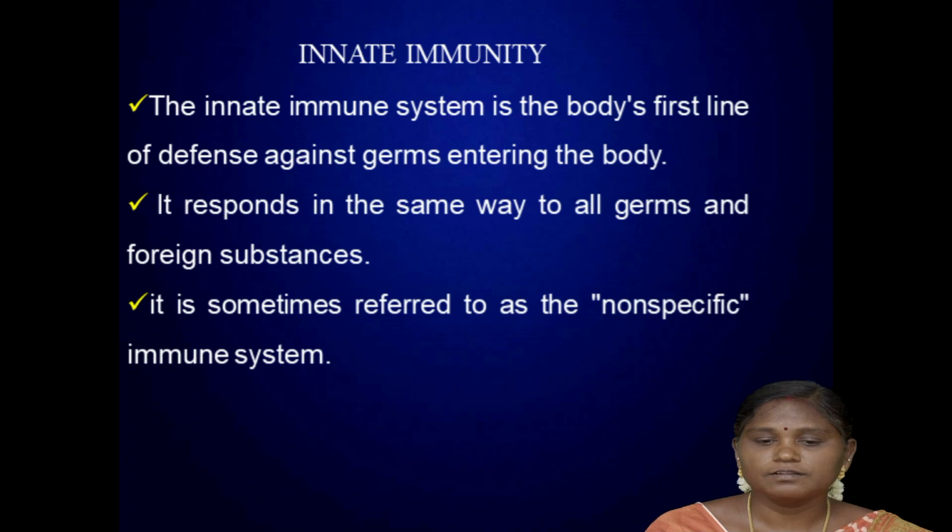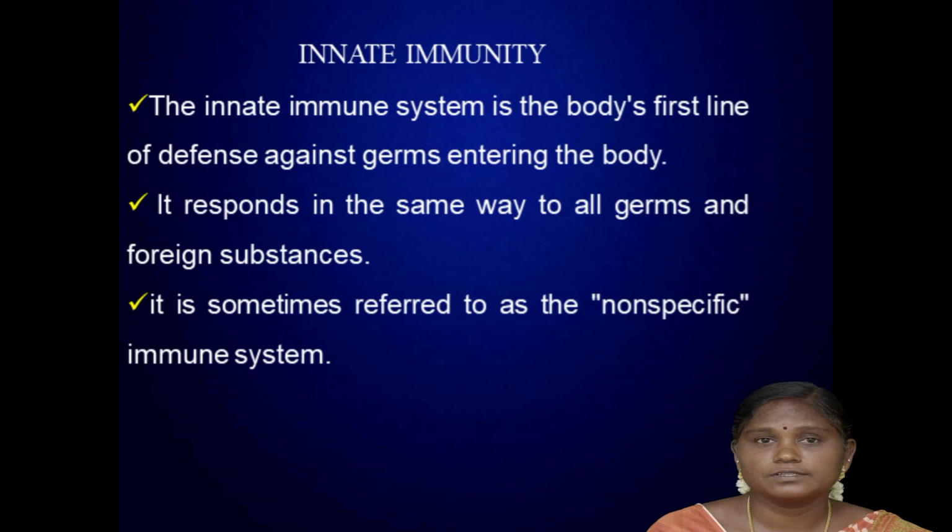In detail we will see about each one. First we will see about innate immunity. The innate immune system is the body's first line of defense against germs entering the body. It responds in the same way to all germs and foreign substances, so it is sometimes referred to as the non-specific immune system.